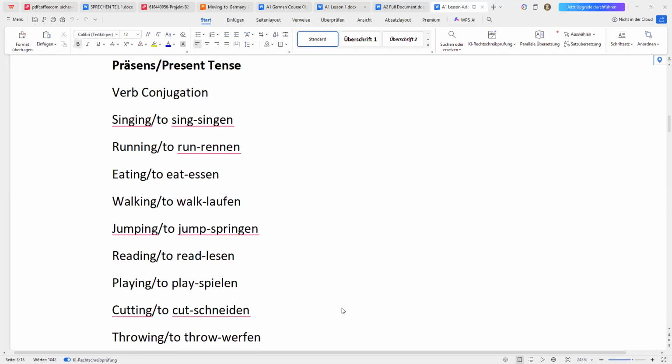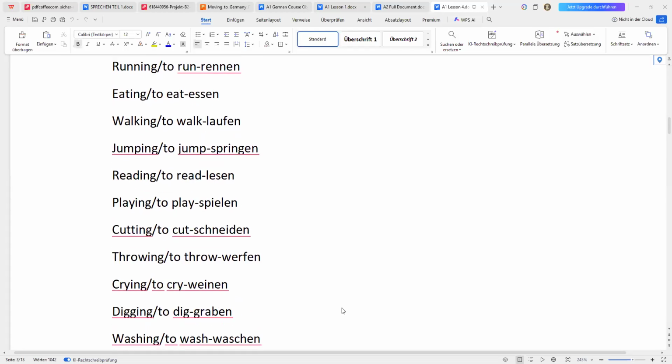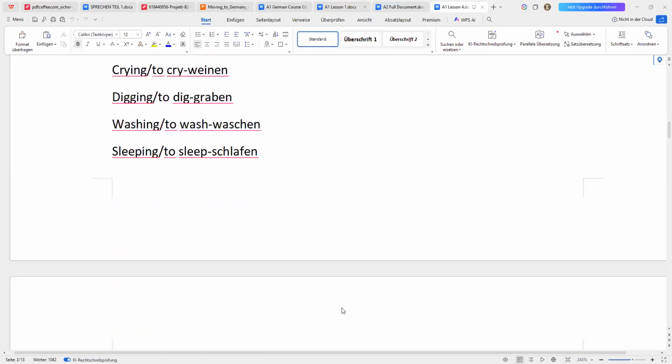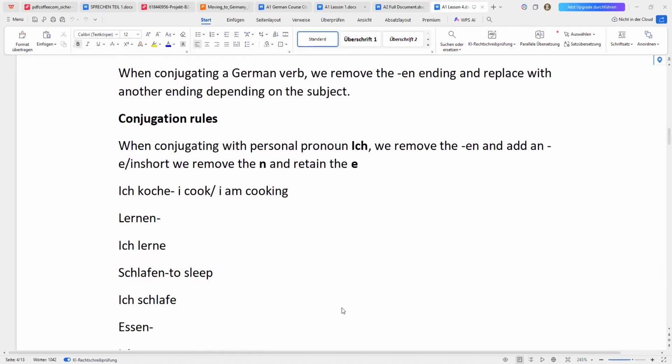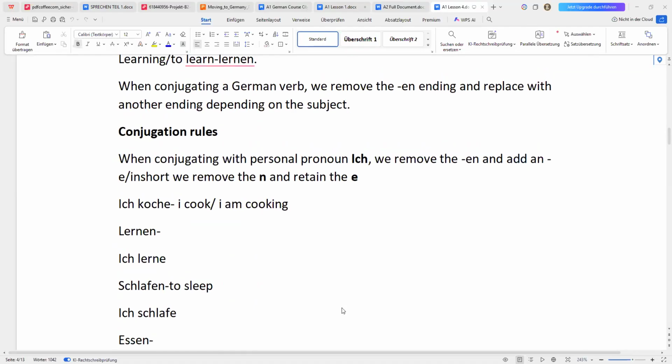And so in the verb conjugation, when you observe the German verbs, they end with en. And when you want now to master the conjugation rules, is now the most important thing. When conjugating a German verb, we remove the en from the ending and replace with another ending depending on the subject.